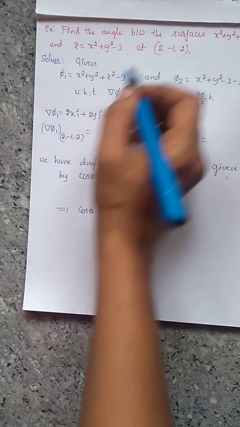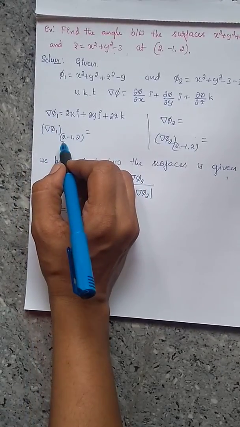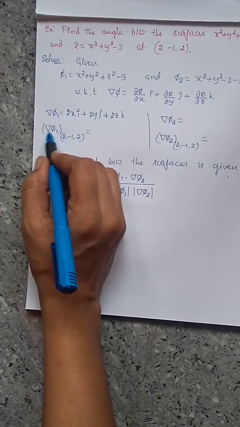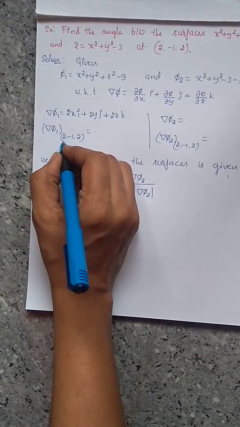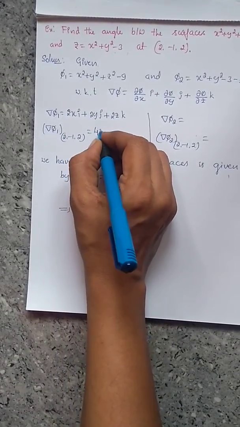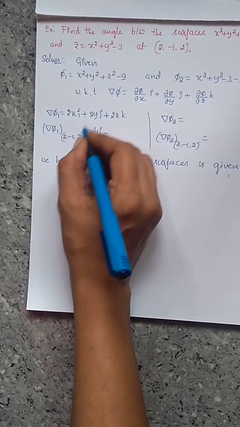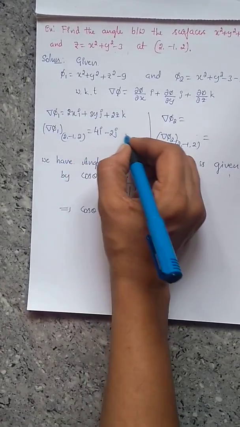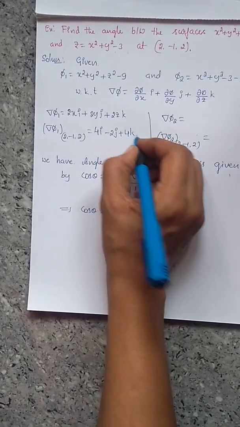Next, at the point (2, -1, 2), substitute the x, y, z values to get del pi 1 = 4i - 2j + 4k.